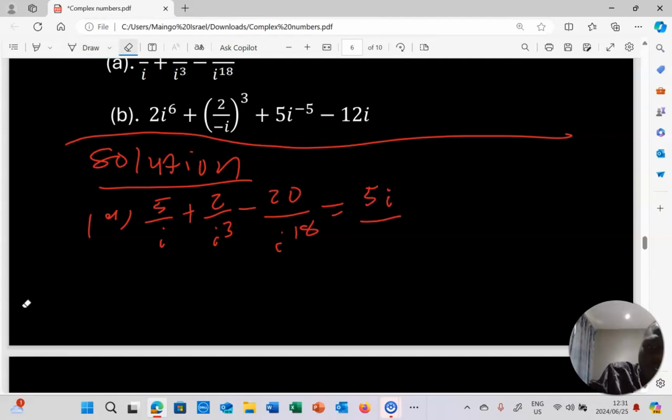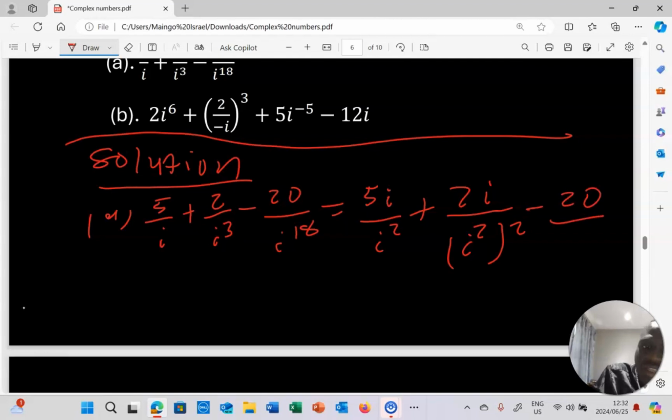So this will be 5I divided by I squared, multiplying by 1, then plus 2I over I to the power 4, which can be written as I squared all squared. So this will be minus 2, but this 18 can be written as 2 times 9, which will be I squared to the power 9.